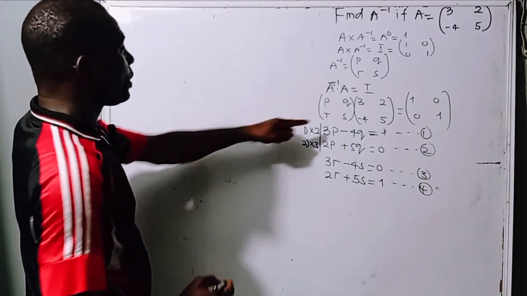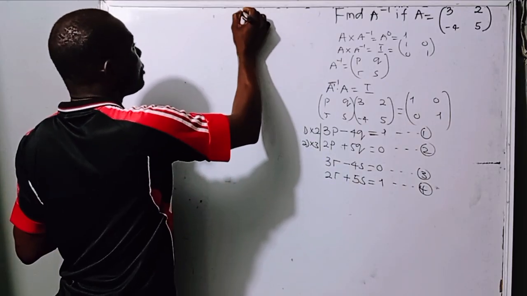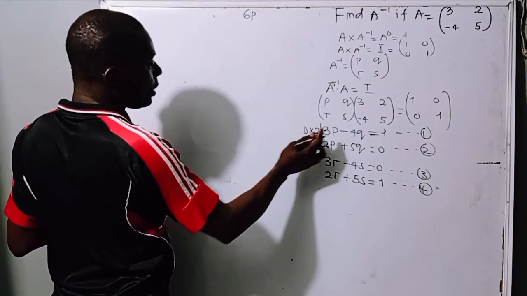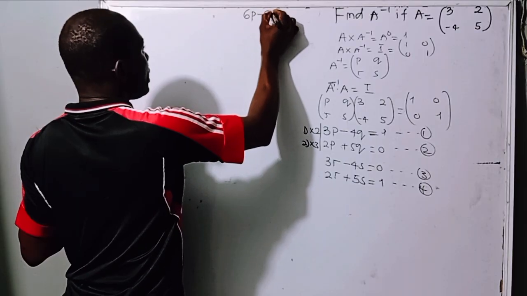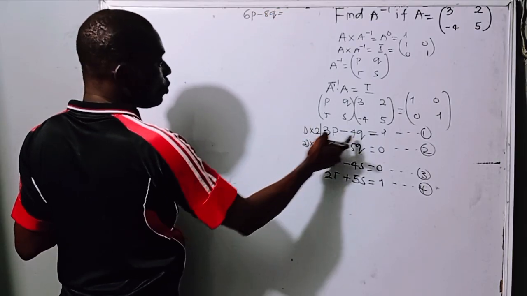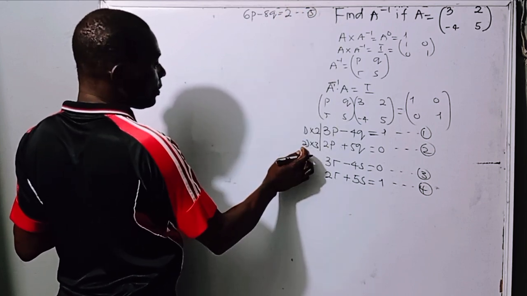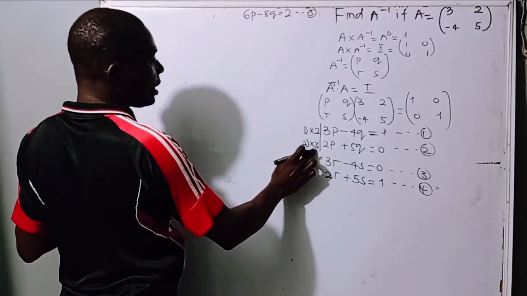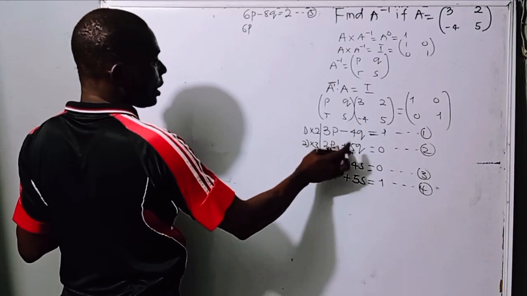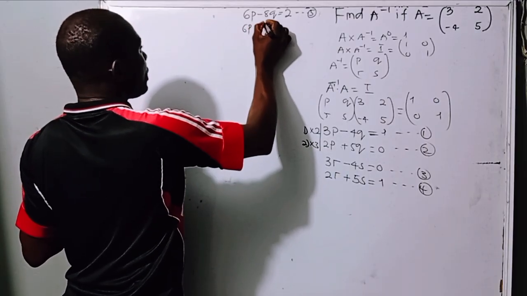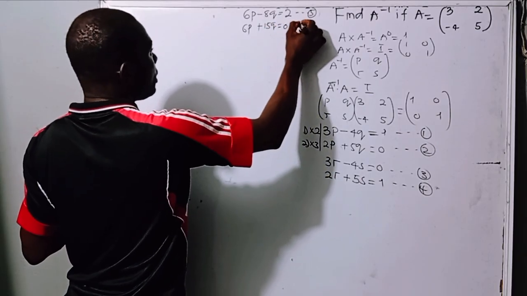Once that is done, we have 2 times 3P, 6P, 2 times minus 4Q, that is negative 8Q, and 2 times 1. This becomes equation 5. Similarly, equation 2 multiplied by 3: 3 times 2P also gives 6P, 3 times plus 5Q gives 15Q, and 3 times 0 gives 0. This is equation 6.